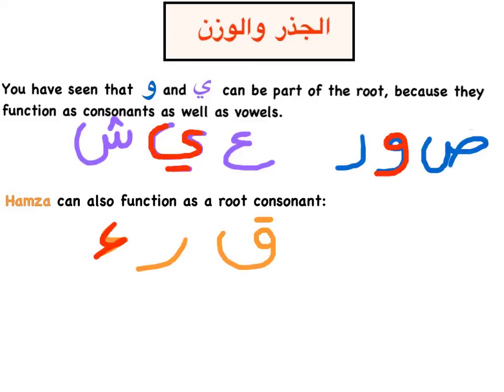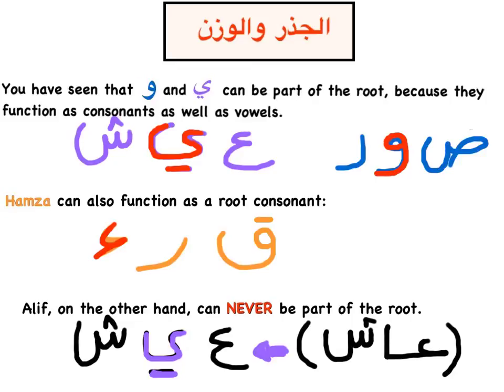You have to pay attention that alif, for example in asha, can never be part of the root. So you see the word عاش في الماضي, he lived, but the root is shin, not alif. So again, we have waw, ya, hamza.